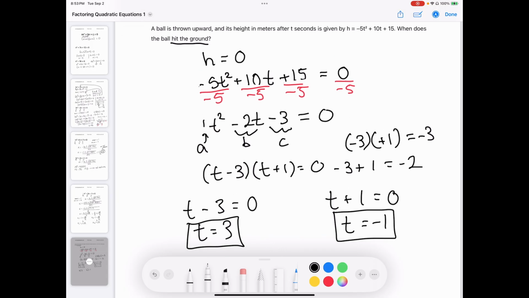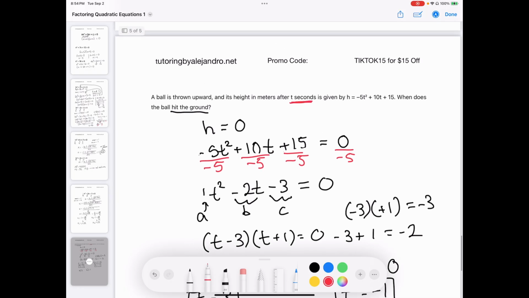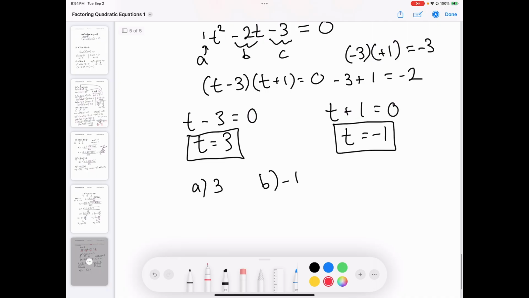And t is time, given in seconds. So time cannot be negative. That means I can eliminate this answer because it basically doesn't follow the laws of physics. It's not realistic. So our solution is t equals 3. The ball will hit the ground after 3 seconds.